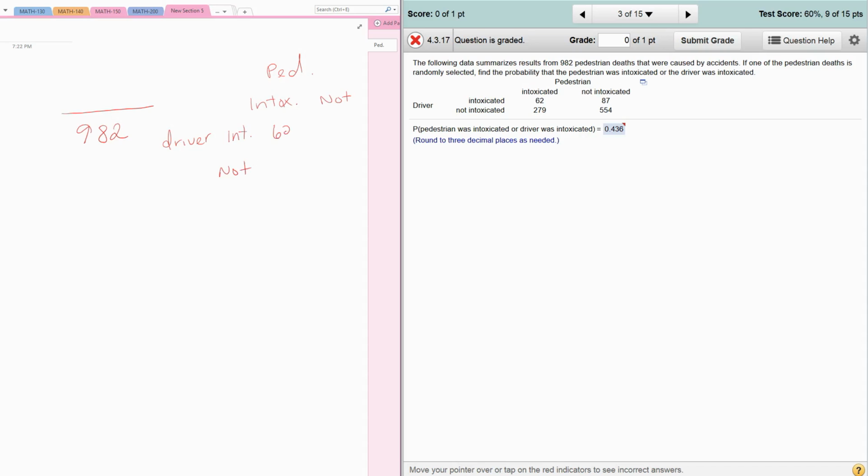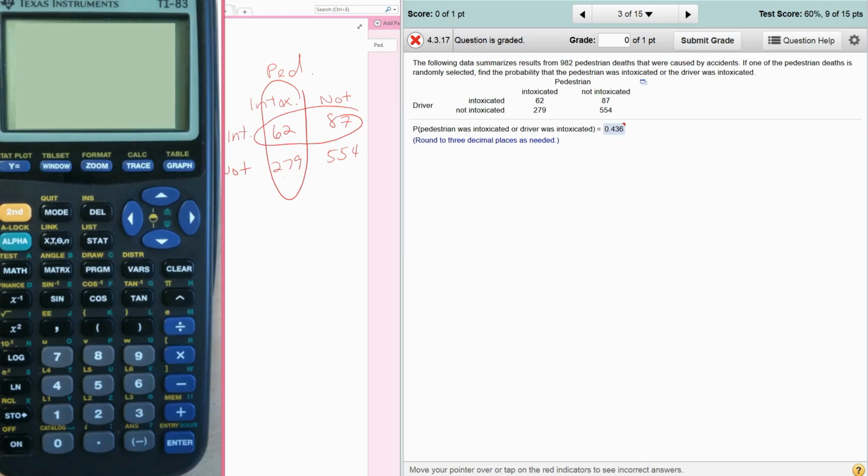So here we have 62, 279, 87, and 554. So we want the probability that the pedestrian was intoxicated, so that's all of these people, or the driver was intoxicated, so that's all of these. So what we can actually do is just add these 3 numbers. Add the 87.